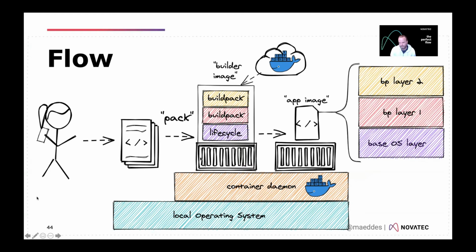And within that build pack, all that stuff happens, like detecting the runtime, choosing the appropriate build pack, and then coming up with some application image that has been built out of that. And depending on the way the build packs are structured and how efficient they are, this is basically how it results in your final image.